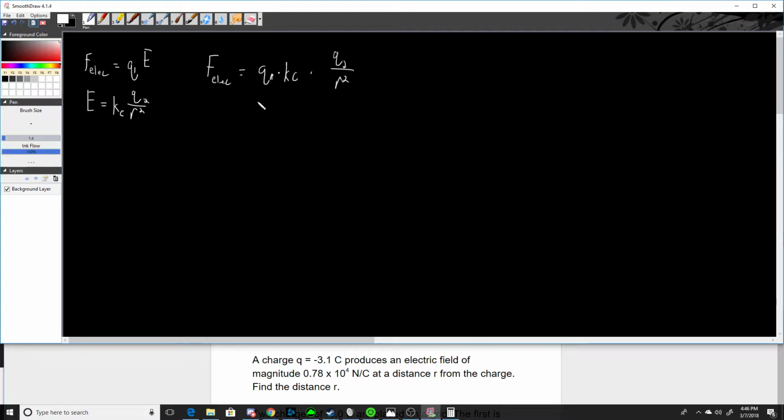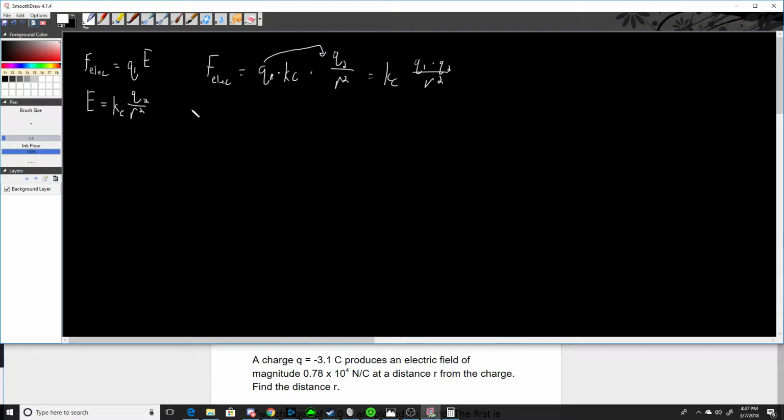Now if I do a little bit of rearranging, multiplication allows me to mix things around. If I put Q1 right there, I get Kc Q1 Q2 all over r squared. All right, and that's the equation that we worked with last time. That just gives us electric force, okay?